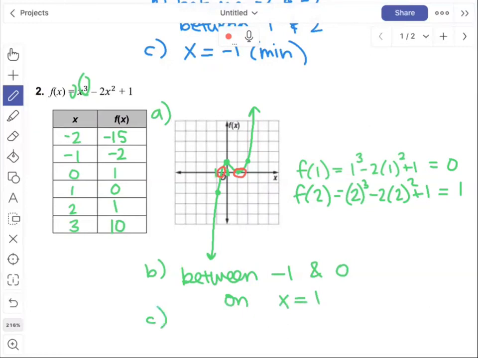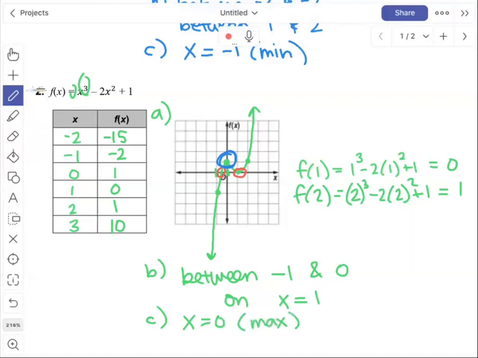Okay, and then part C, we want to find the relative max and mins. All right, so max and mins, let me do this in blue. I have a relative max right here where it peaks, and that is at x is 0. So x is 0, I have a relative max.